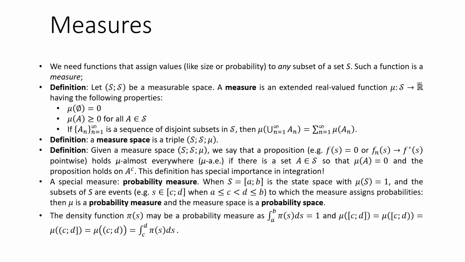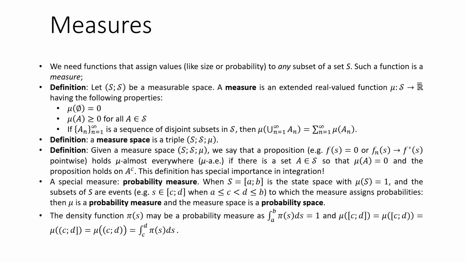The measure of the whole state space is 1. This is probability 1, which means that the probability that the random variable falls into this interval, which is the whole state space, is 1, because the random variable cannot fall outside the state space.